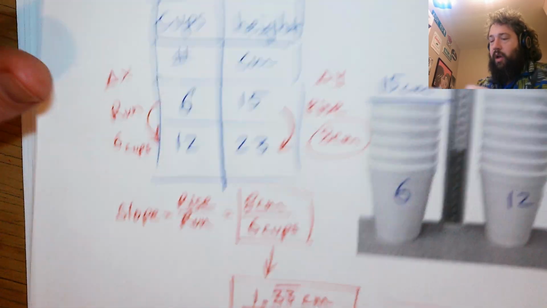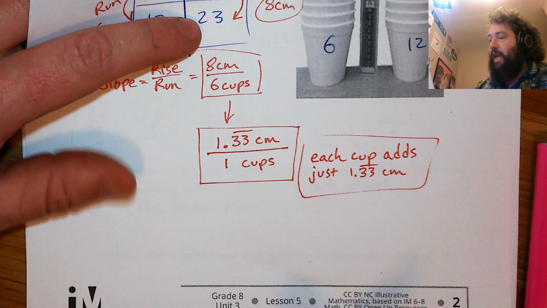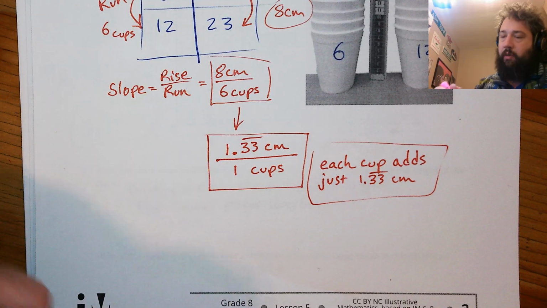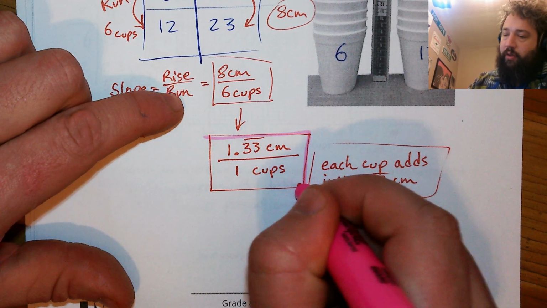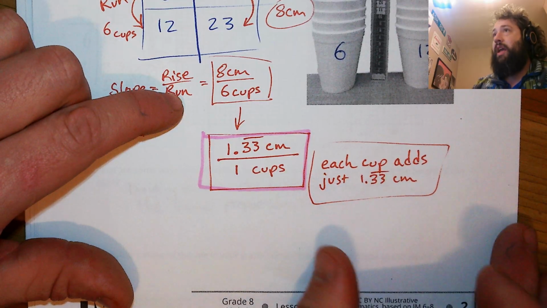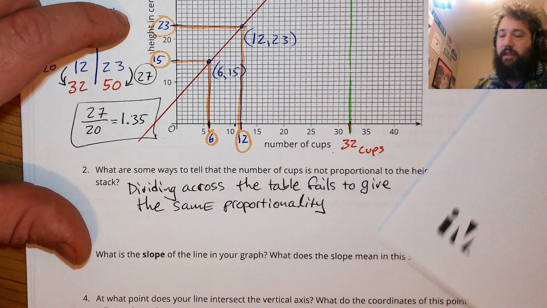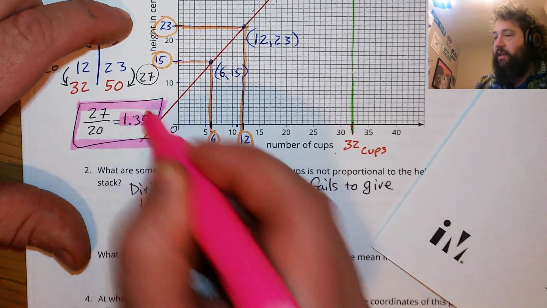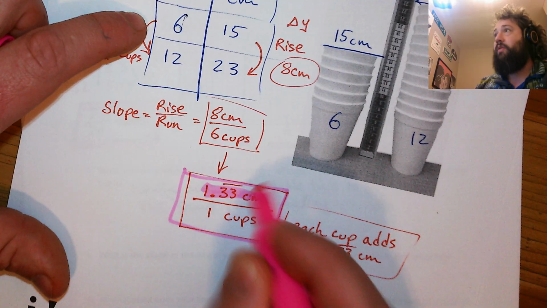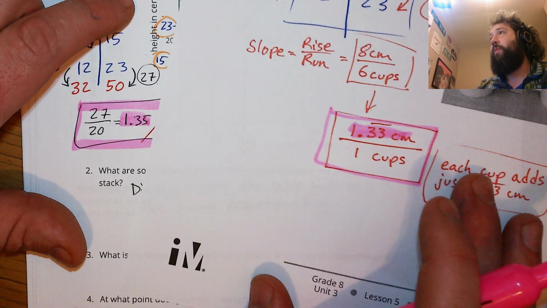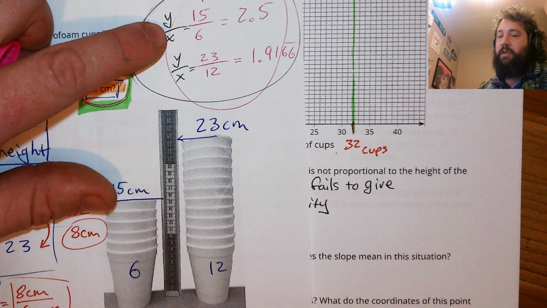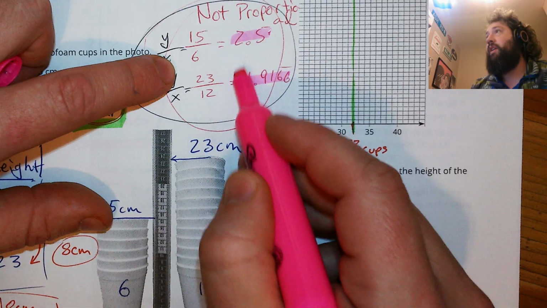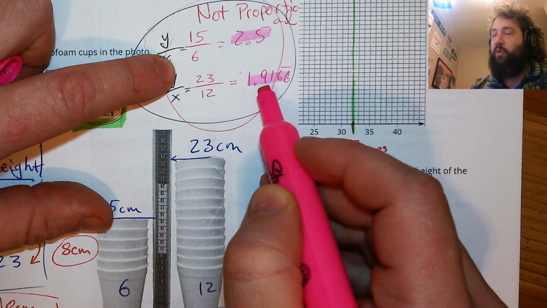Now let's double check here. So checking my slope, I have a slope of 1.33333. Is that close and consistent to my slope that I found on this side, 1.35? These numbers are fairly close. I think those are reasonable, okay? Now, these numbers up here, less close. These are my proportionality fails, 2.5 and 1.9.